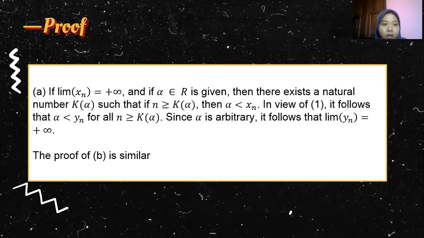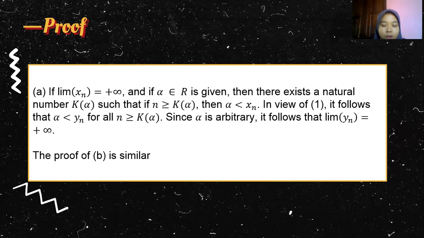For the proof of the theorem, point A: if lim x_n = +∞, and if α ∈ ℝ is given, then there exists a natural number K(α) such that if n ≥ K(α), then α < x_n.